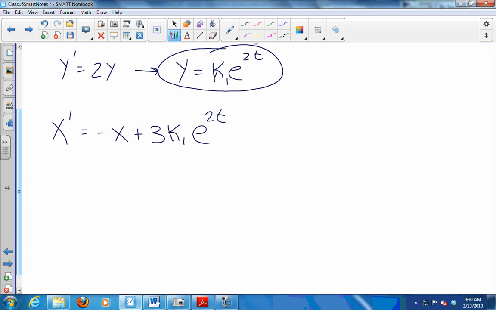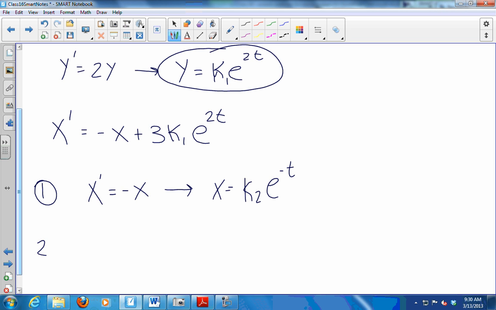So I start by solving the associated homogeneous equation, right? x prime equals negative x. That's not too bad. That comes out to x equals k2 e to the negative t. Some other constant, different from the first one, e to the negative t.